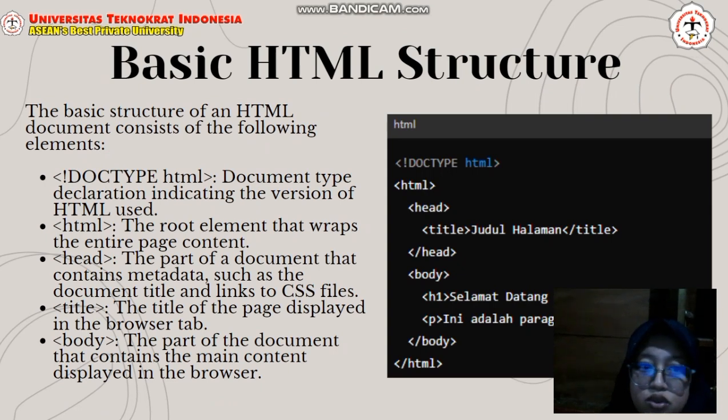Basic HTML structure. The basic structure of an HTML document consists of the following elements: doctype HTML, the document type declaration indicating the version of HTML used. HTML, the root element that holds the entire page content. Head, the part of the document that contains metadata such as the document title and links to CSS files.